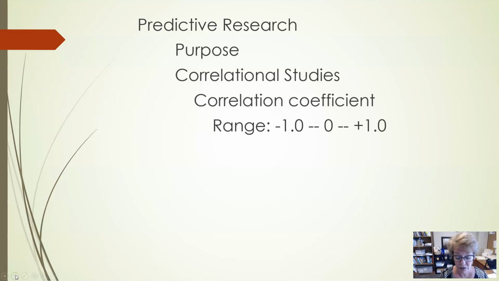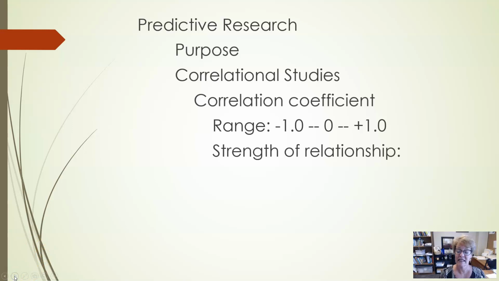Based on the formula, you cannot get a correlation coefficient that is smaller than -1 or bigger than +1. Second, the number tells us about the strength of the relationship. If a correlation coefficient is 0, that means no relationship. So in the center with the 0, no relationship.